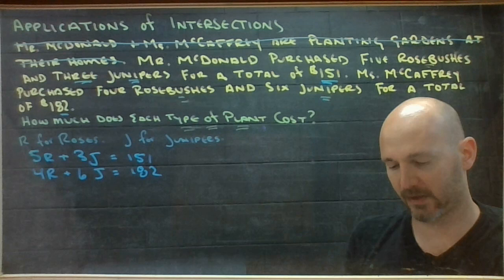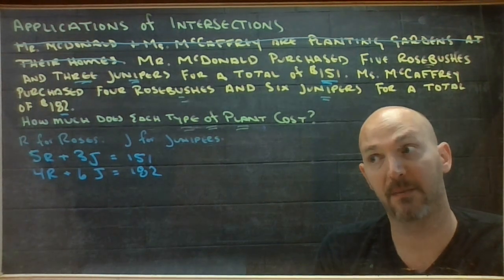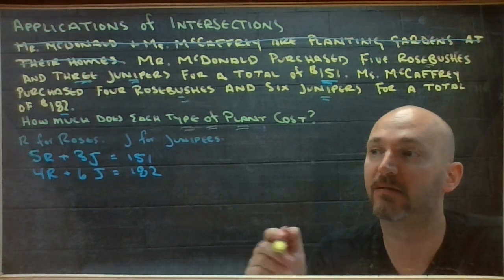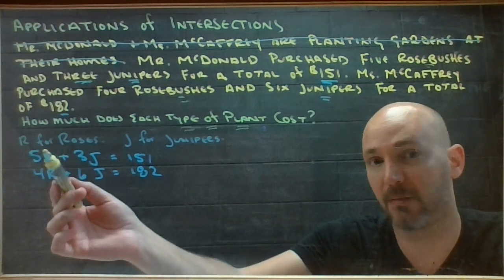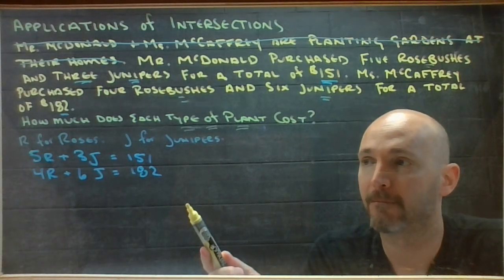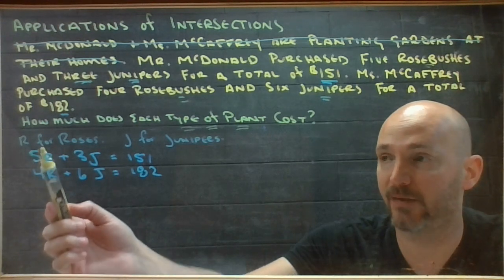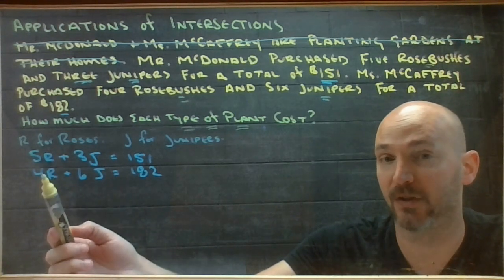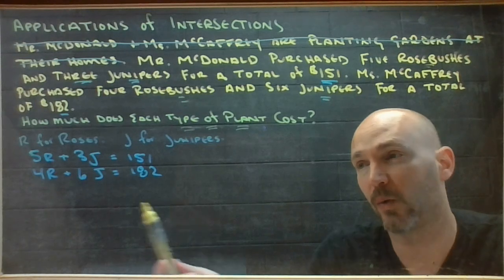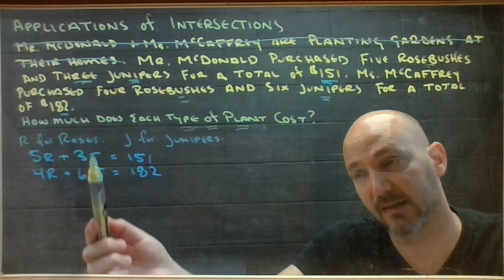All right, so there are my equations. It's time to eliminate. I look at my numbers. I don't have a match here. I don't have a match there. I could do this row by 4 and this row by 5 to get 20 as a match in the front. Or I could just double this one. 2 times 3 is 6, and then I'd have a match.